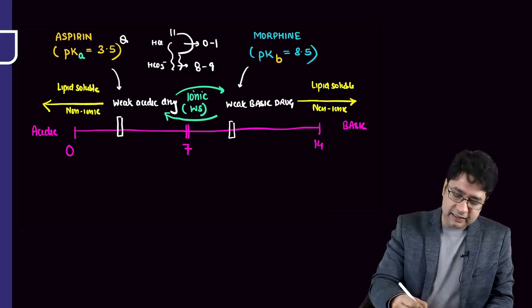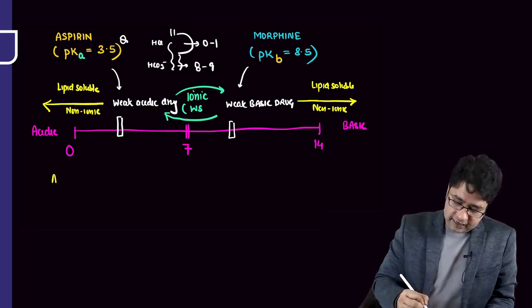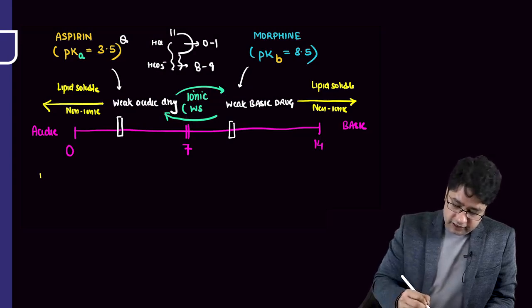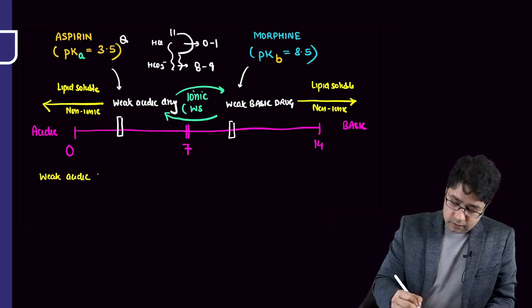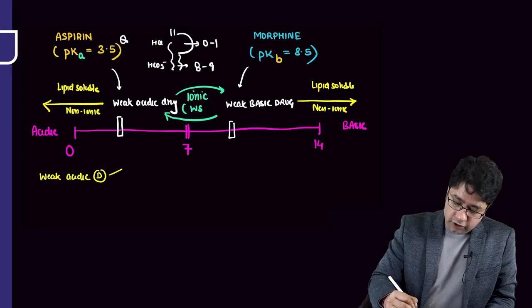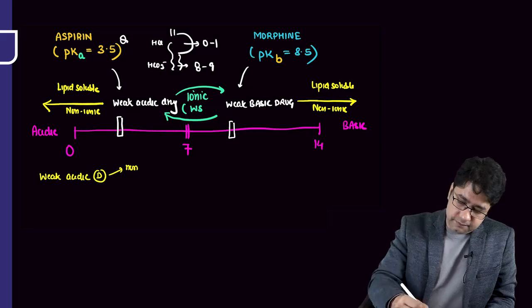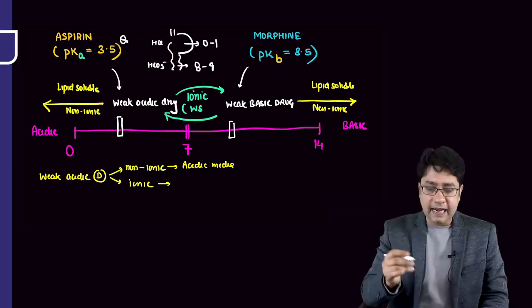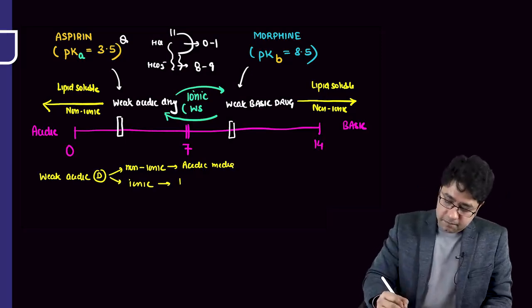So please write it like this: weak acidic drugs become non-ionic in which media? In acidic media. And they become ionic in basic media.